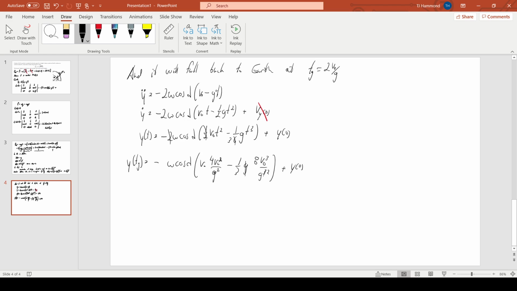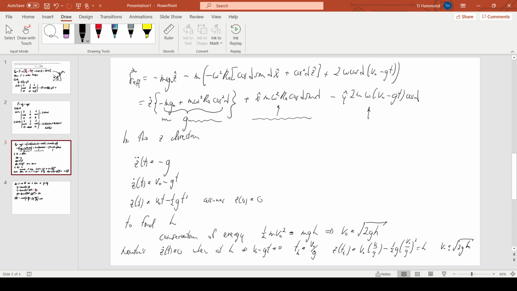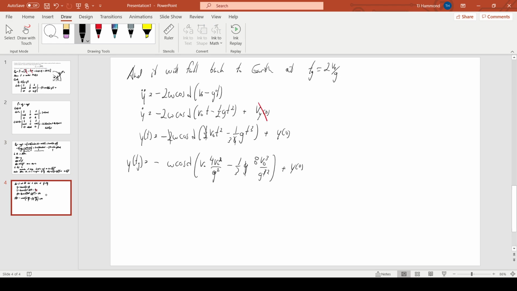Now, from what we had before, we said that v naught equals square root of 2gh, and so what we have here is v naught cubed over g squared. And so what we get is 8 g cubed h cubed over g to the fourth.